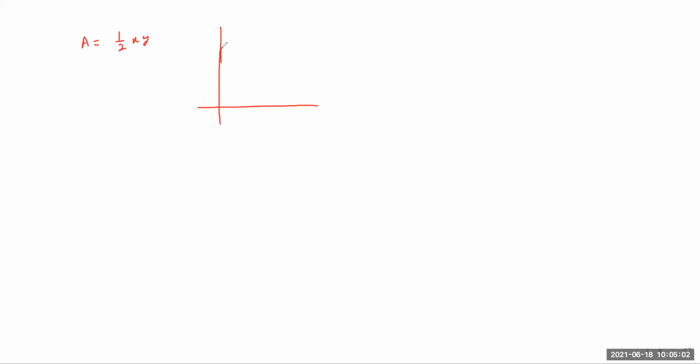What is the area now, and what is the area here? So the area will change. When the rod is almost vertical, the area is 0, and when it is almost horizontal, the area is again 0. So the question is when the area is going to be maximum.